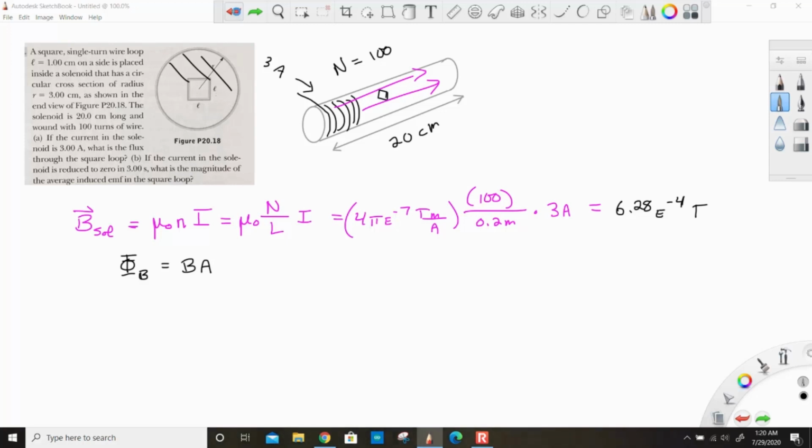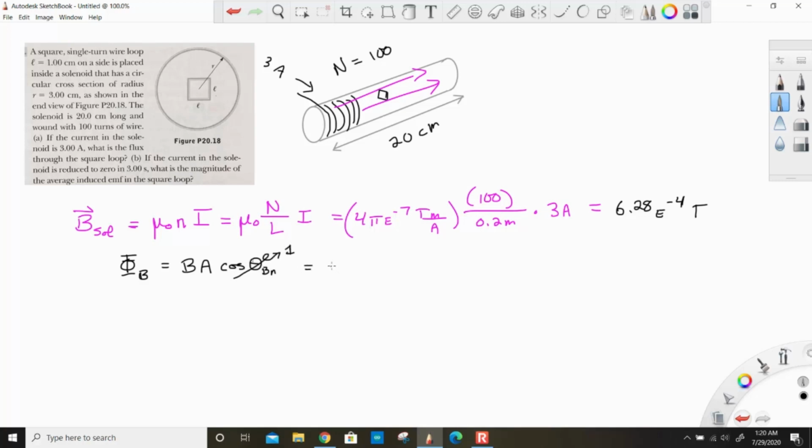Only the magnetic field inside the square contributes to the flux in the square. So area of the square, and then times the cosine of the angle between the B field and the normal to our square. But those are in the same direction, so that will go to 1.